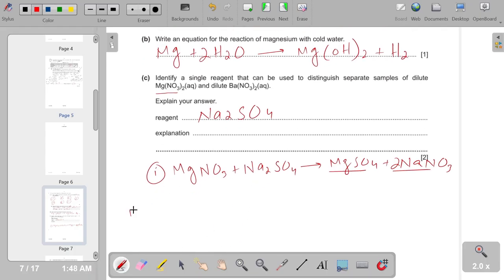If I draw the chemical equation for the other case, barium nitrate reacting with sodium sulfate, we get barium sulfate and sodium nitrate.